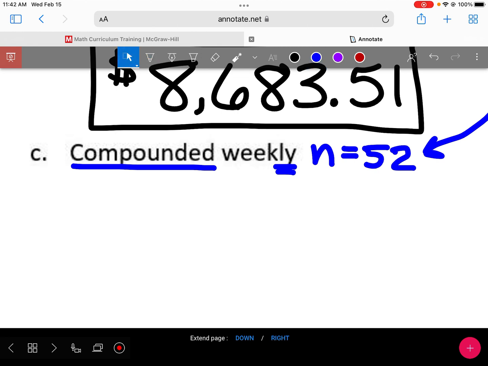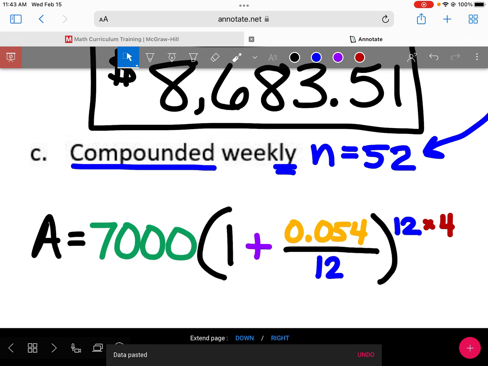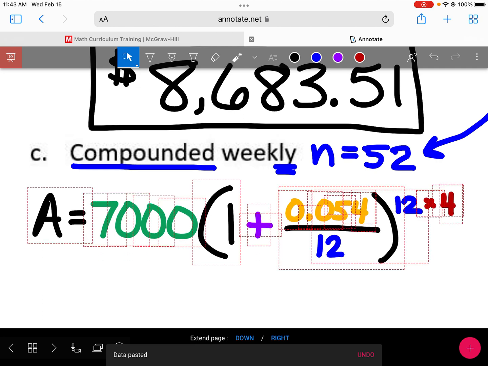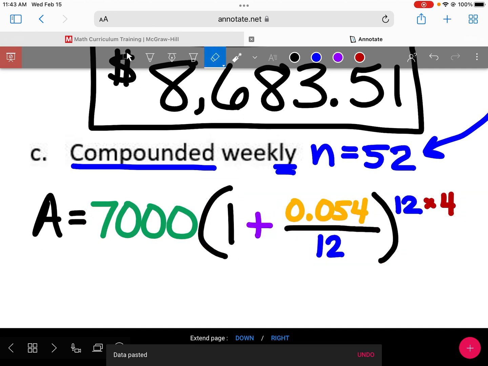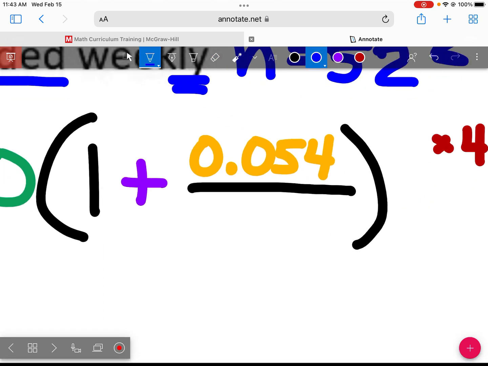So absolutely everything is the same as A, B, and C, except for which pieces? My n value. My n value is now what? 52.